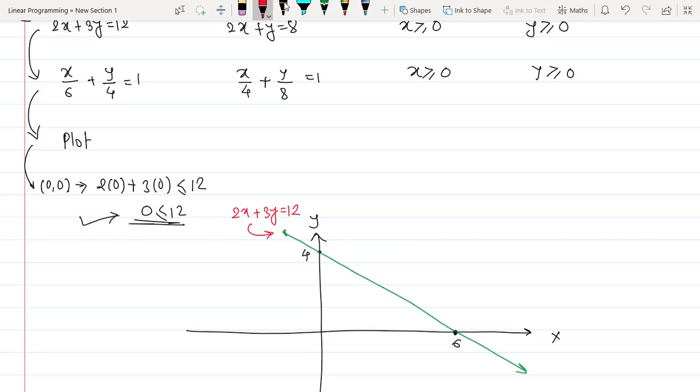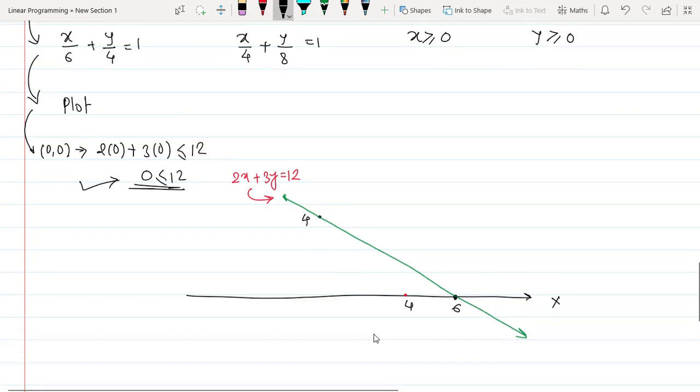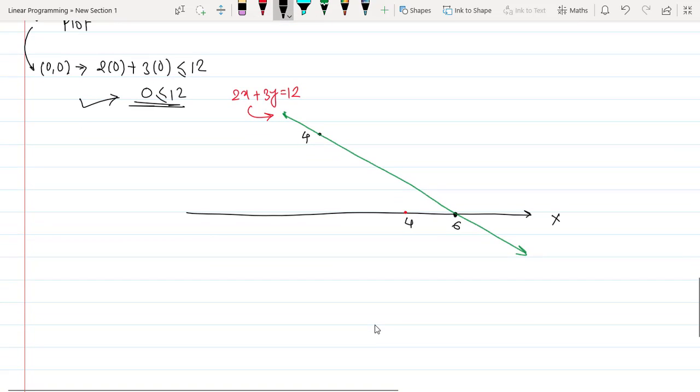Write down the second, 4 on the x-axis and 8 on the y-axis. So here if it is 4, let me redraw the y-axis. Here somewhere I will have the 8.